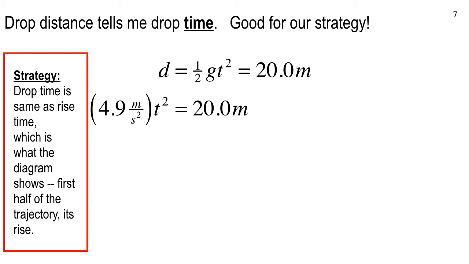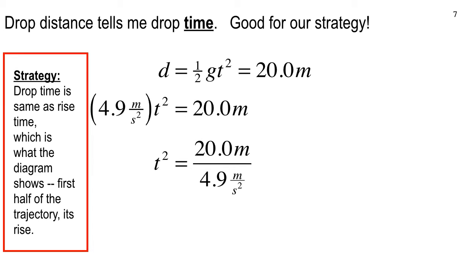And so now, if I want to get T squared by itself, algebra-wise, what's your next move? Divide both sides by 4.9 meters per second squared. There it is. Okay. And so T squared is going to be 20.0 meters in the numerator and 4.9 meters per second squared in the denominator.